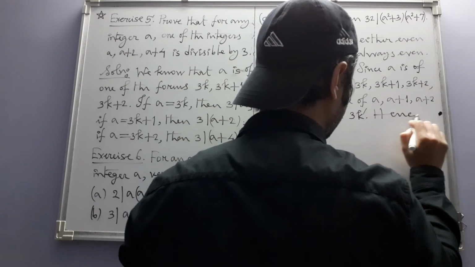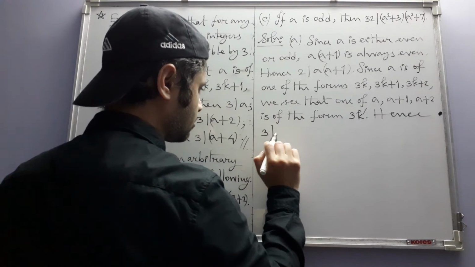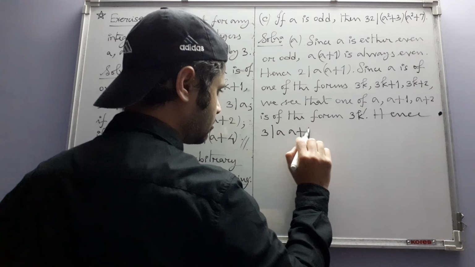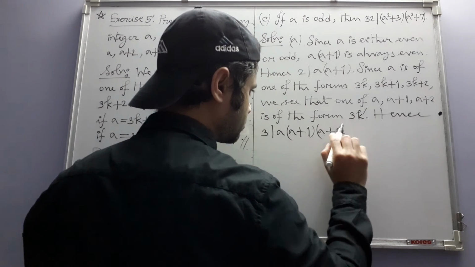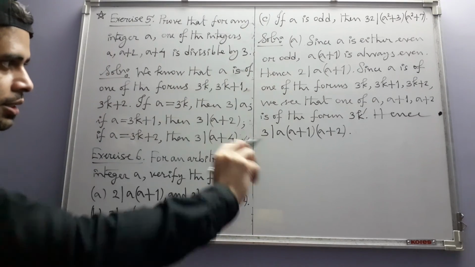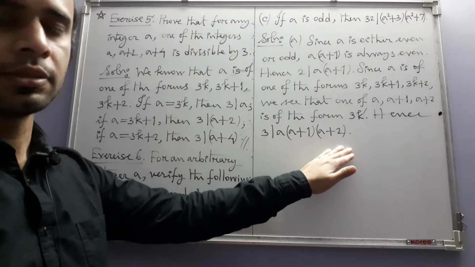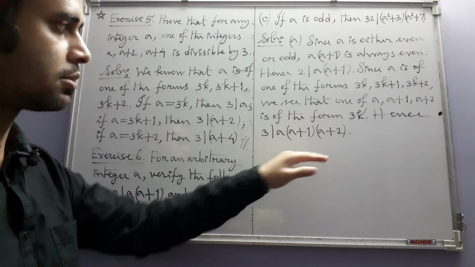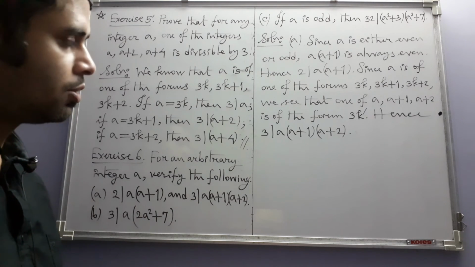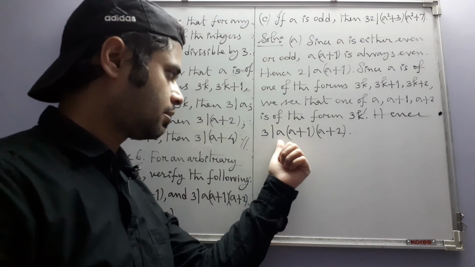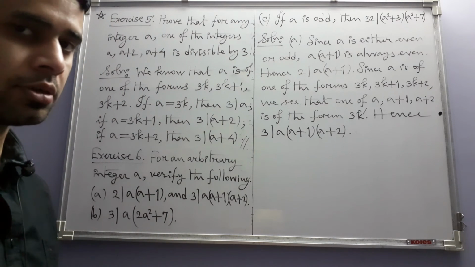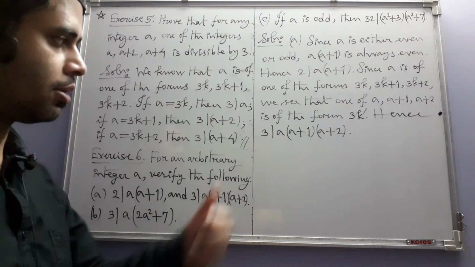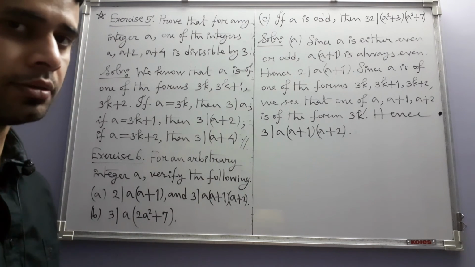Hence, in fact, using this, extending these two observations, you should be able to see that the product of n consecutive integers is always divisible by n.